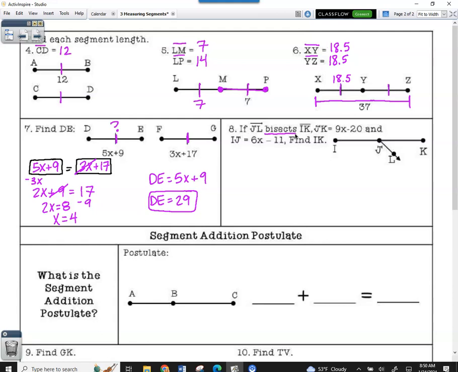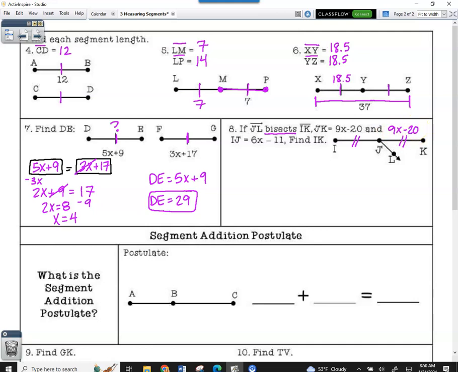All right, so taking notes, it says JL bisects IK. So IK is the one that just got cut in half. I'm going to do 2 tick marks because 1 tick mark kind of makes me think of a ruler. 2 makes me think of congruent marks. Then it says JK is 9x minus 20. I'm going to label that there.